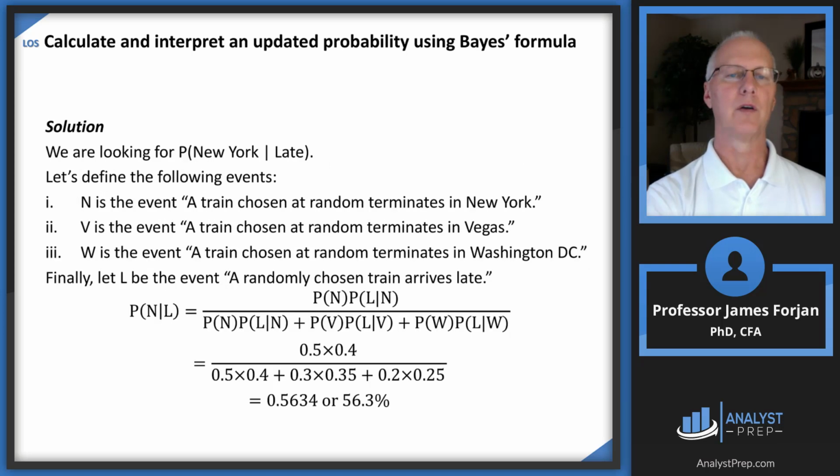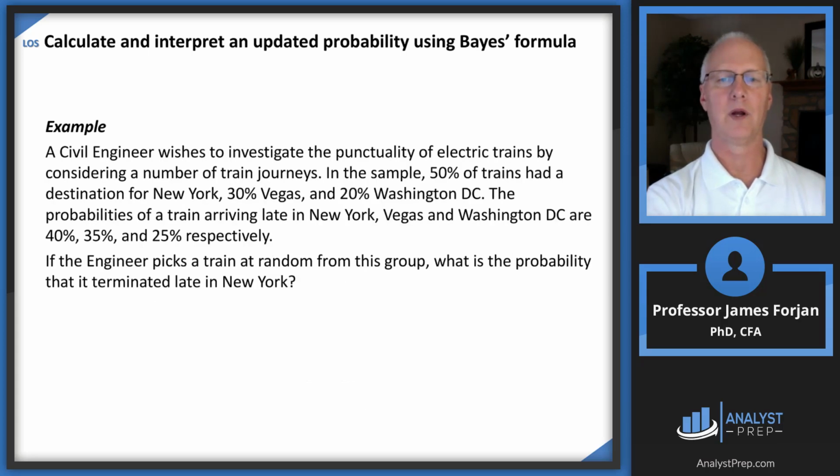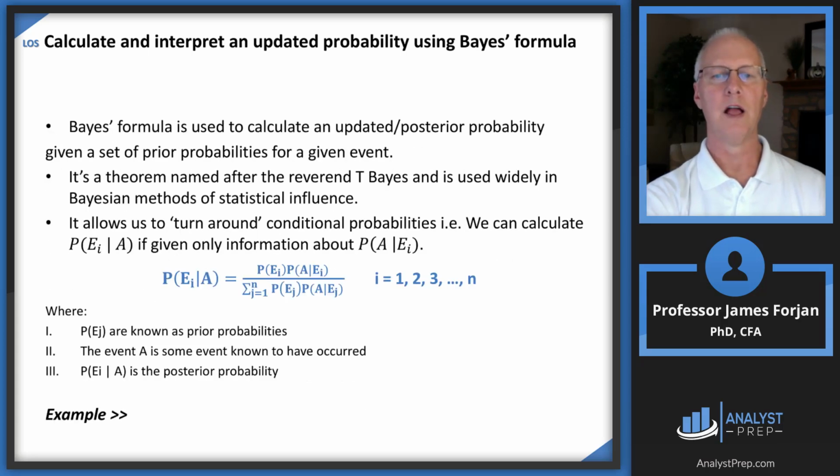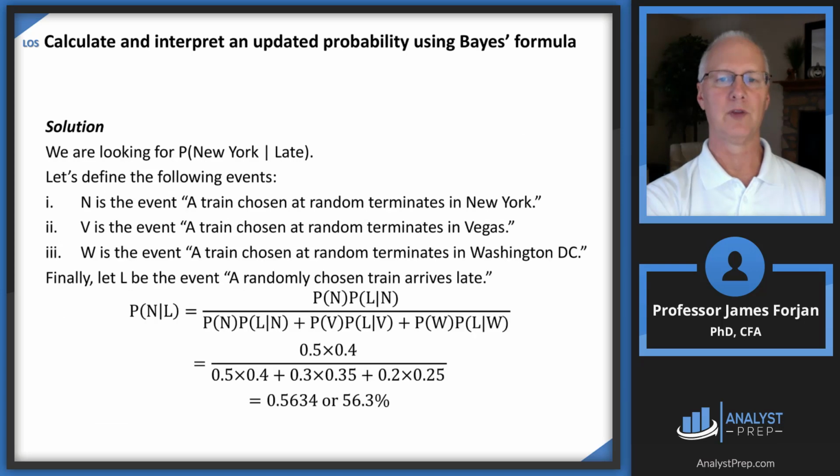If the engineer picks a train at random, what is the probability that it's late in New York? So there's that big old formula. Let me go back here. We're going to just use that formula in blue, and we're going to substitute with some new notation. We're going to say N is an event that goes to New York, V is Vegas, and W is Washington.